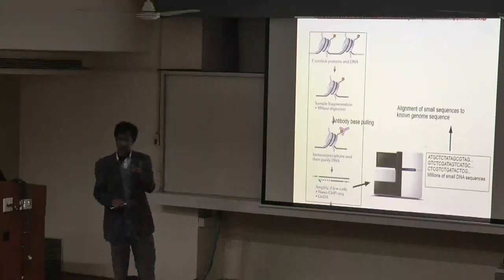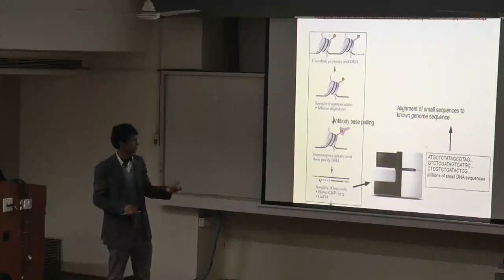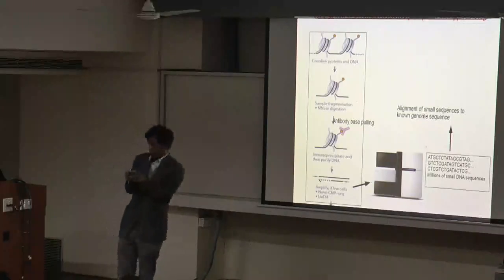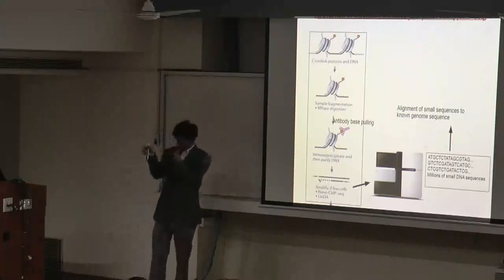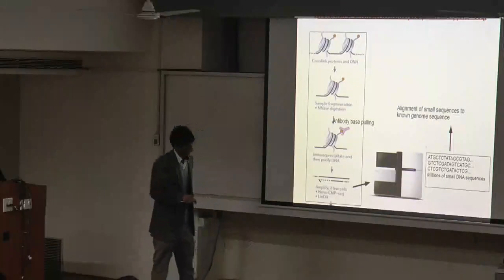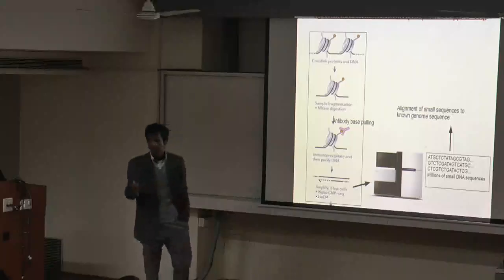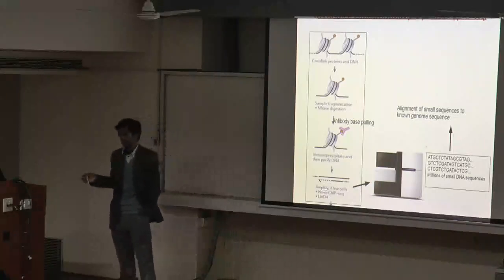We get short fragments of DNA, and we put these short fragments into the machine. As I showed you, it goes through the bridge PCR process, and these machines then read the small fragments of DNA and tell which fragment of DNA was present in how much amount.